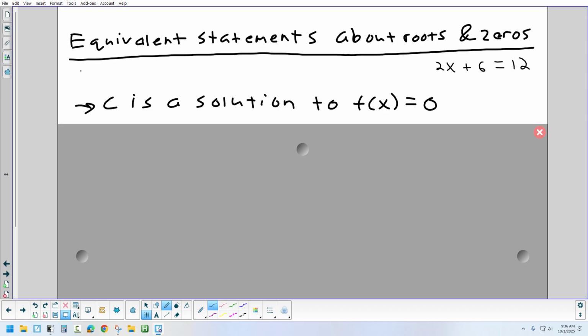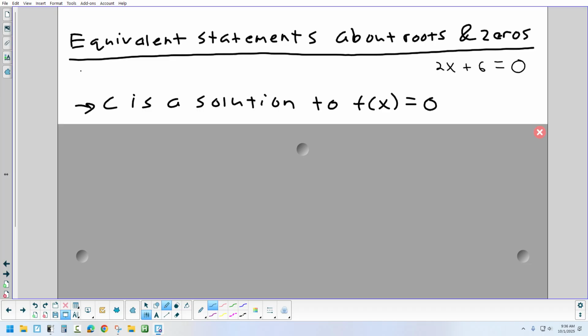If you were to solve that, what would you get for x? Actually, I said 0, so let me change it to actually being 0. What would you get for x now? Yep, -3. So -3 is a solution to that equation. Everybody agree with that?